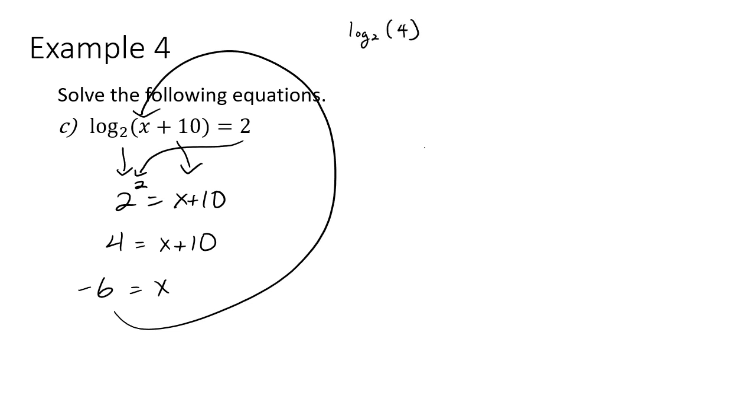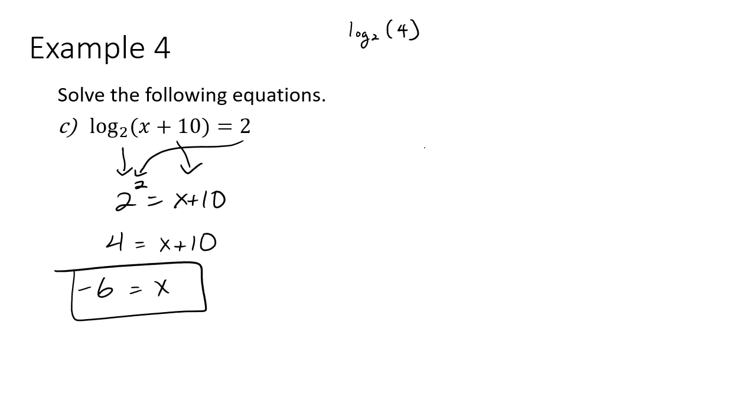So even though x itself is negative, the inside of the logarithm is still positive. This is not an extraneous solution. Negative 6 works. Again, negative numbers can be solutions, but a solution cannot make the inside of a logarithm negative. That's the key.